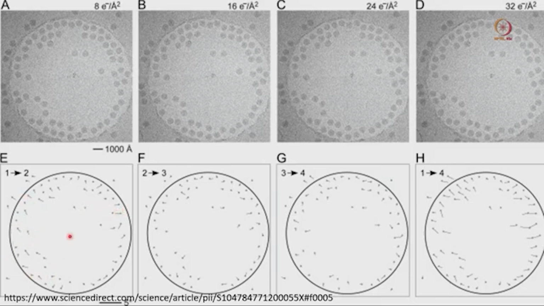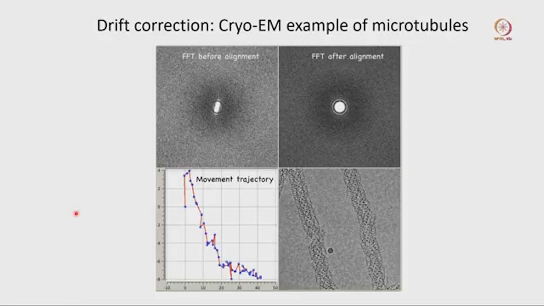So, that is one of the reasons I told you that when there is an electron beam interaction with a protein sample or any biological sample, we cannot predict what kind of motion we will see, and you can see that in the previous image also. If you look here, you can see the movement of the frames.